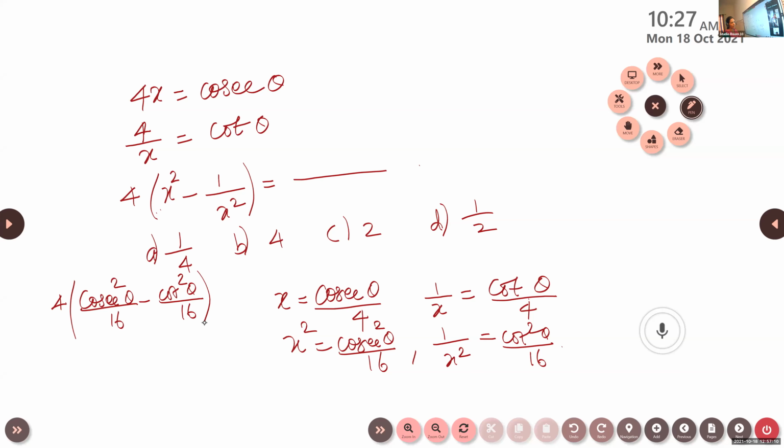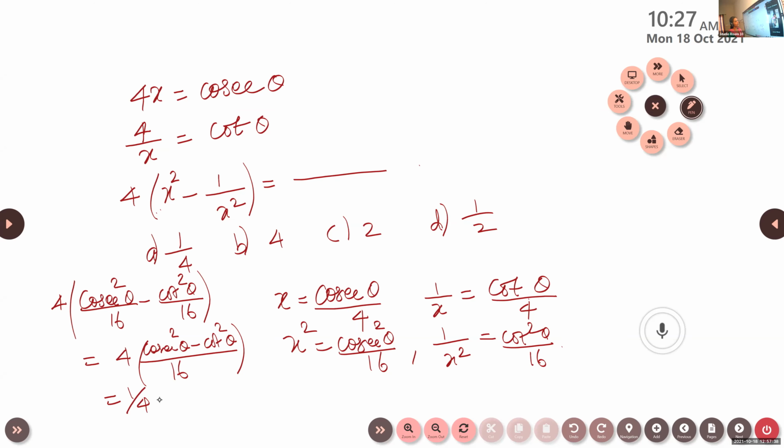Cosec square theta minus cot square theta is 1. So the denominator is same. So 4 into, if you take this common denominator 16, it is cosec square theta minus cot square theta. So 4 by 16, which is 1 by 4.